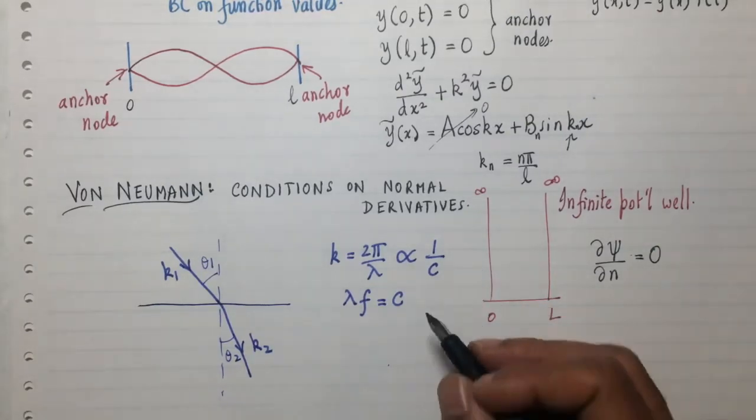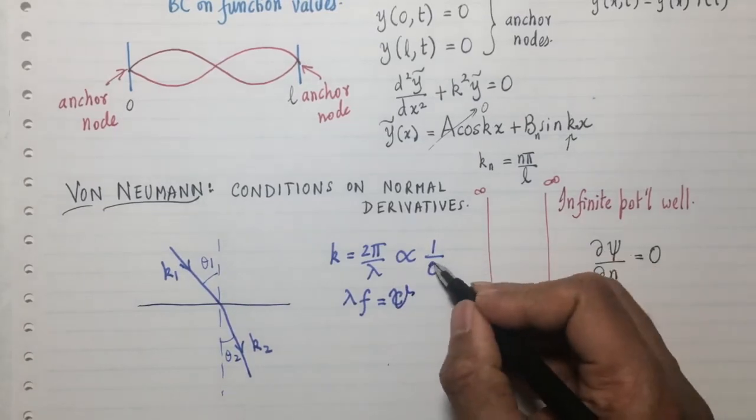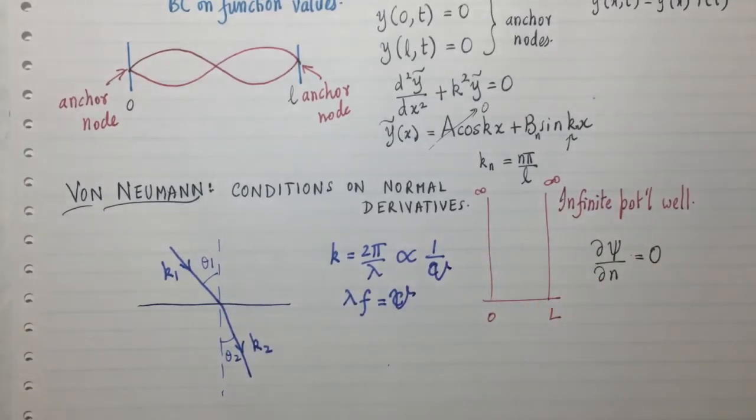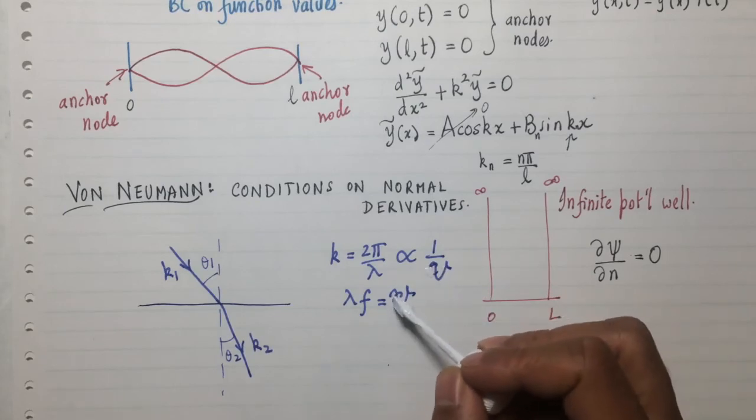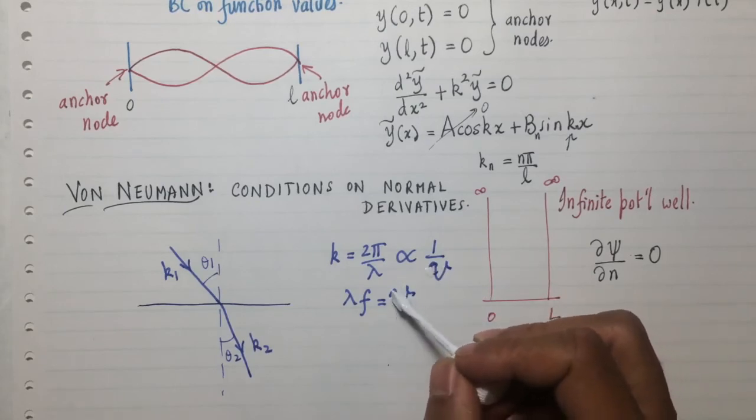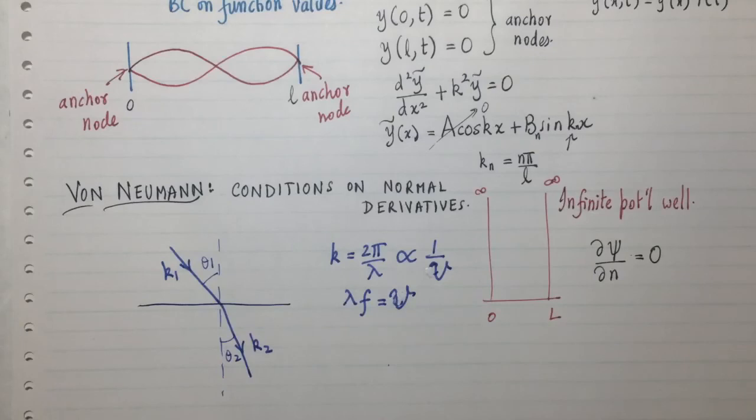Maybe I should call it v, to be a little more general. So lambda times f is v, and because f is constant, k is proportional to 1 over v.